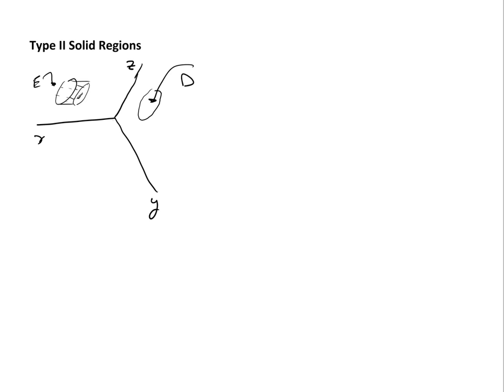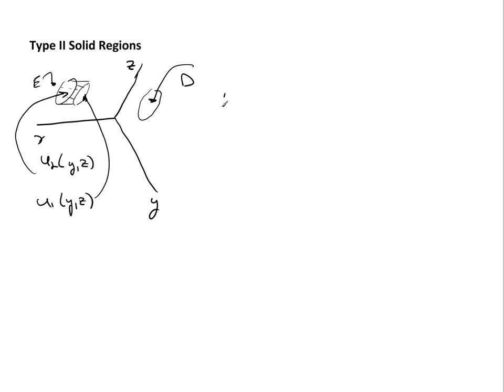So these two continuous functions that result in surfaces that bound it, this top one, the u2, is now going to be a function of yz, and u1 is also a function of yz.